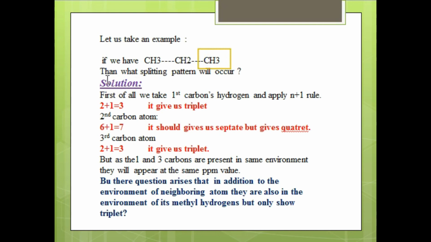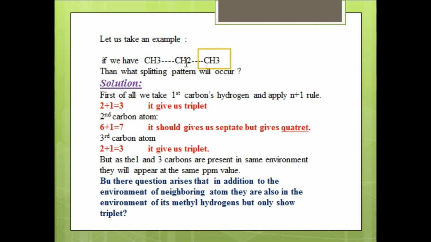Now let's see what splitting pattern will occur. This methyl group appears as a single hydrogen to this methylene, and this methylene appears as a single to this methyl. A similar condition goes for this methyl, as these are present in the same environment.